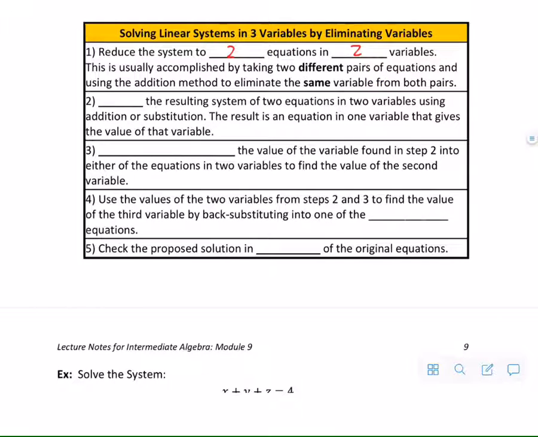Again, we'll walk through this in class on Monday. You solve that resulting system. You then back substitute to get your last variable.